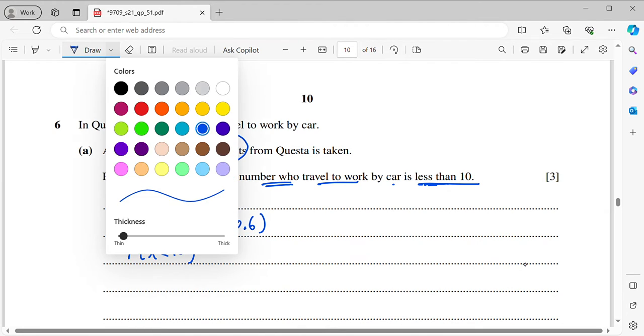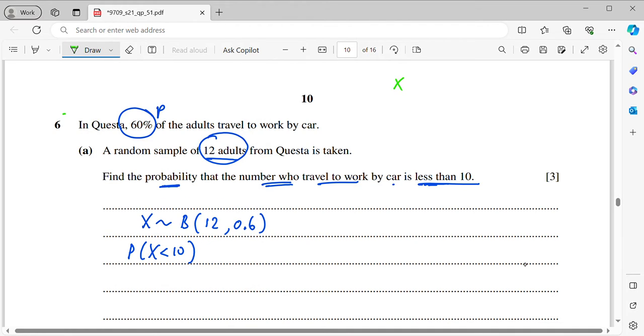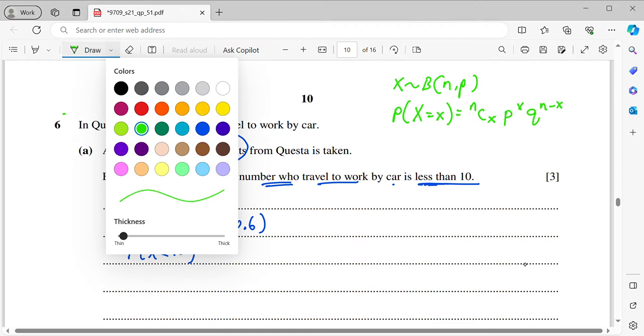Okay, now for your information, when X is binomial distributed with N, P, the probability that X equals small x will be NCx, the C is a combination here, P power x, Q power N minus x. Right, so when X is less than 10, it will be X equals 0 until 9. So you have to calculate a lot.